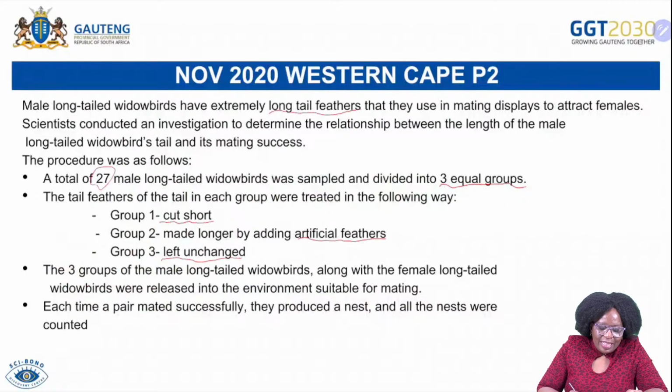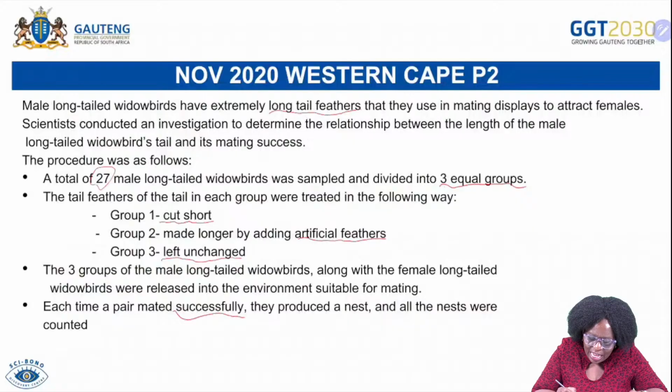Now, the 3 groups of male long-tailed widowbirds, along with the female long-tailed widowbirds, were released into an environment suitable for mating. Each time a pair mated successfully, they produced a nest, and all the nests were counted.